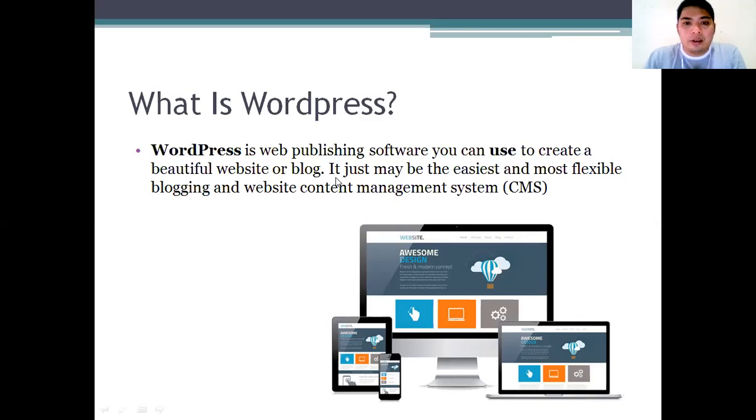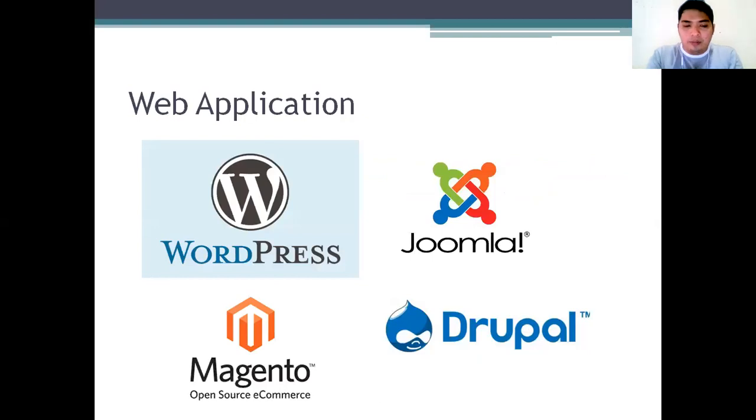Sabi dito, it may be the easiest and most flexible blogging and website content management system or CMS. Totoo naman eh. So bakit nga ba WordPress yung ginagamit namin? So we have different web application na tinatawag. Number one, we have WordPress, we have Joomla, we have Magento, and Drupal. Isipin nyo na lang itong mga web application na to, magkakapatid sila or parang relative sila.